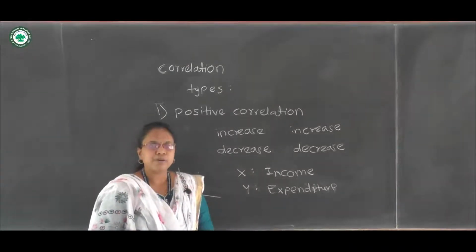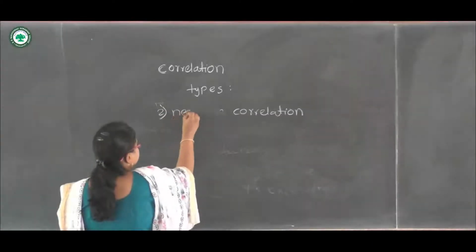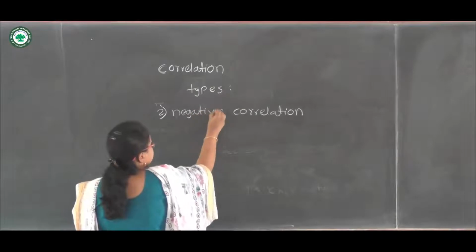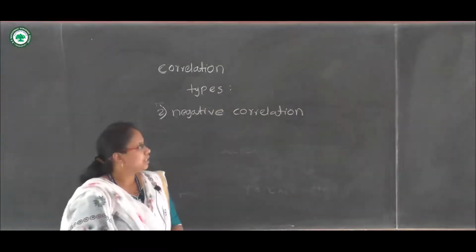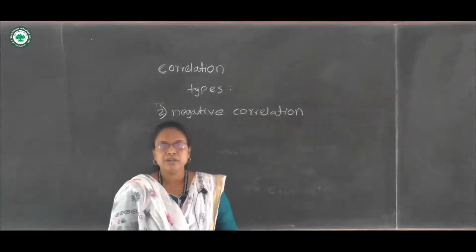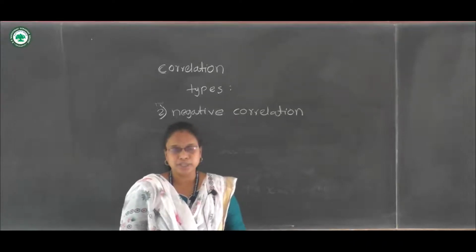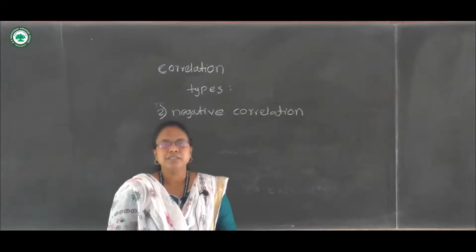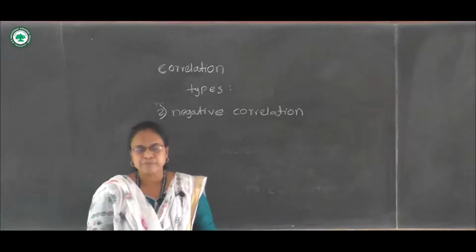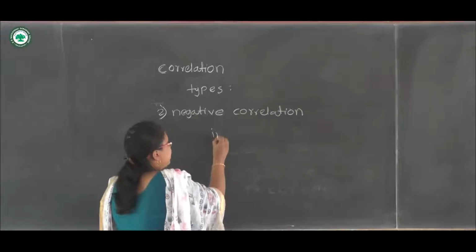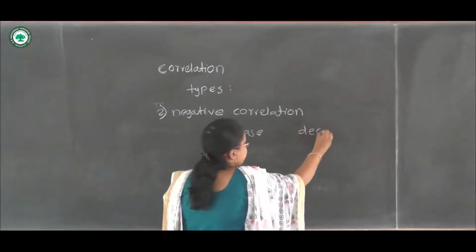The next type of correlation is negative correlation. If the increase in one variable is associated with the decrease in the value of the other variable, then there is negative correlation between the two variables, or vice versa. So we can write it in this way: increase and decrease.